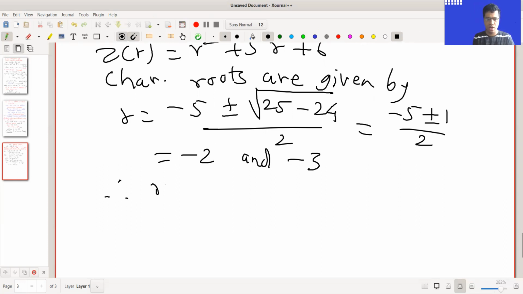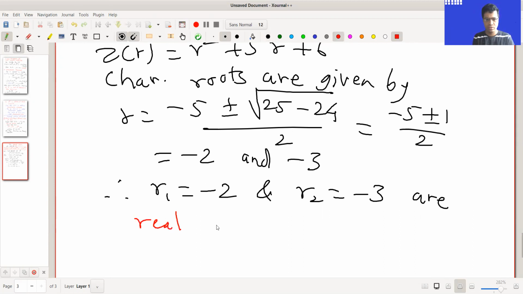So r1 equal to minus 2 and r2 equal to minus 3 are real and distinct roots.